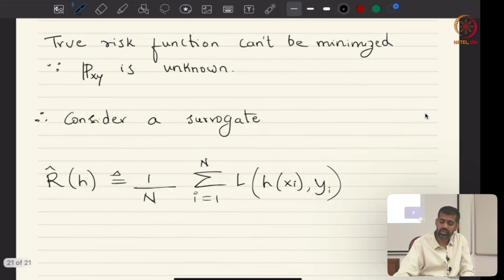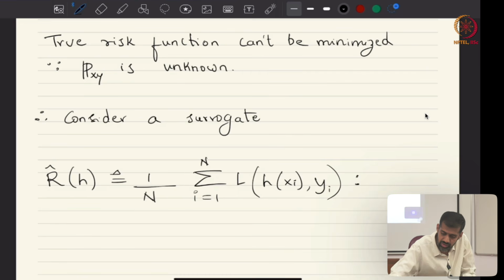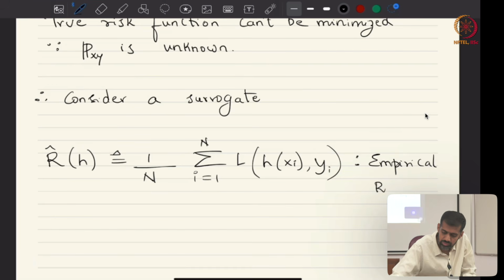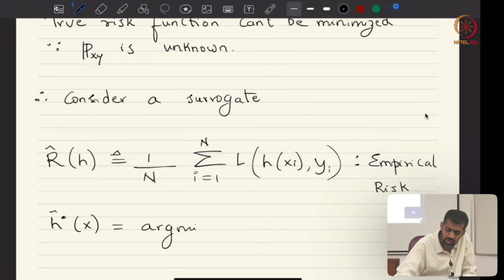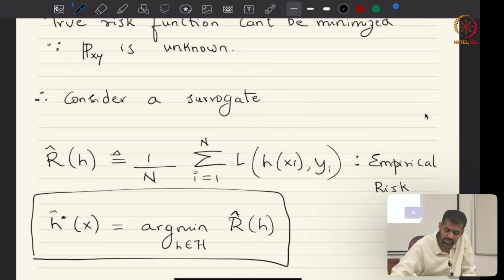This is what is called the empirical risk. Finding H cap star as the minimizer of the empirical risk is the problem that we actually solve in practice.